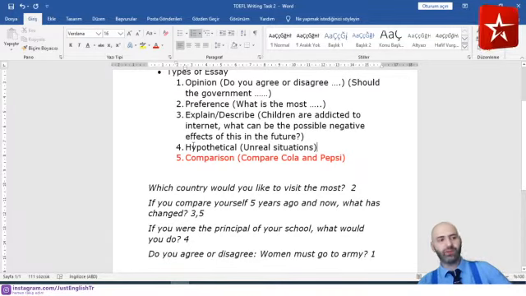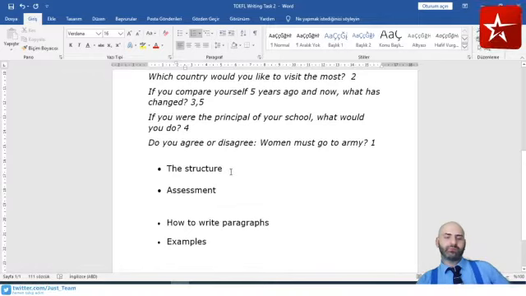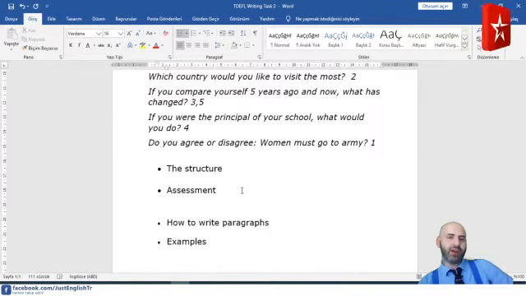Okay, then I will explain type 3. The structure of writing essays for type 1, 2, 3, 4 is the same.